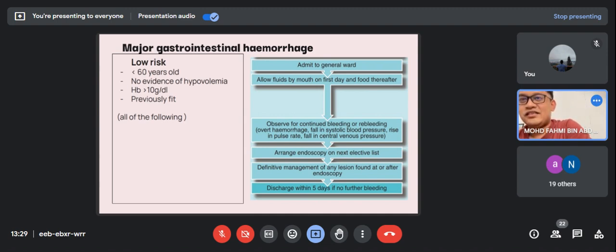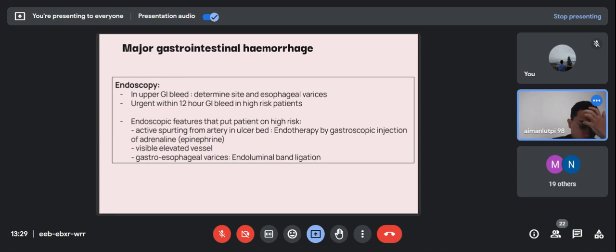Okay. Lagi? So, just a little bit about endoscopy next. In upper GI, we have to determine the site and probably any esophageal varices.